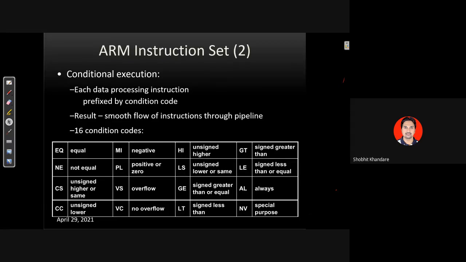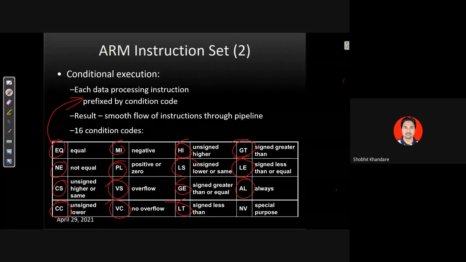The condition codes are EQ. ये EQ जो है ना, ये प्रीफिक्स है. NE, CS, CC, MI, PL, VS, VC, HI, LS, GE, LT, GT, LE, AL, NV. Total 16 condition codes.